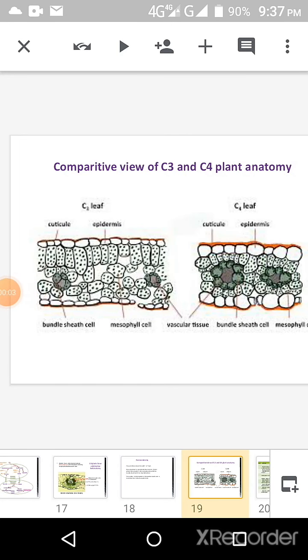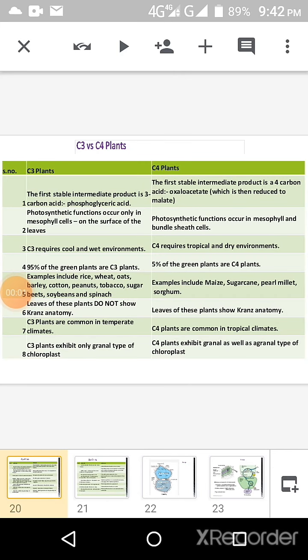This is a comparative view of C3 and C4 plant anatomy. As you can see in the C4 leaf, there are distinctive bundle sheath cells showing, which is known as the Kranz anatomy. These are the differences between C3 and C4 plants. In C3 plants, the first stable intermediate product is a 3-carbon acid, 3-phosphoglycerate or 3-phosphoglyceric acid.